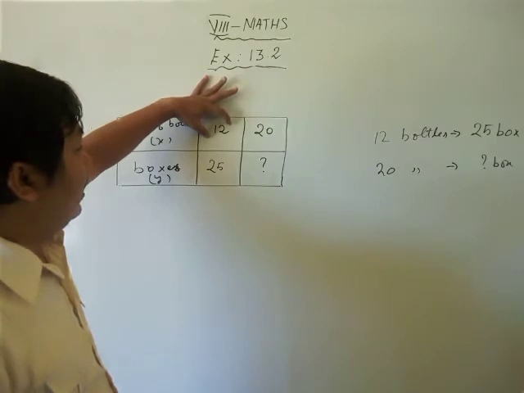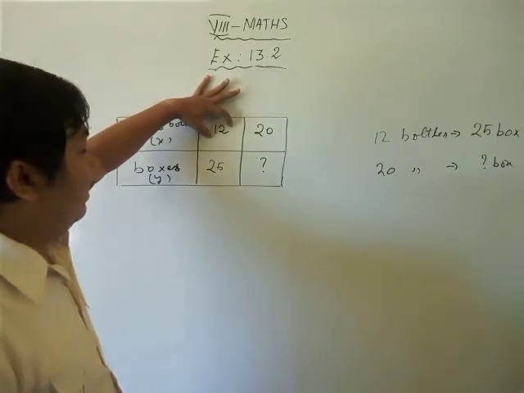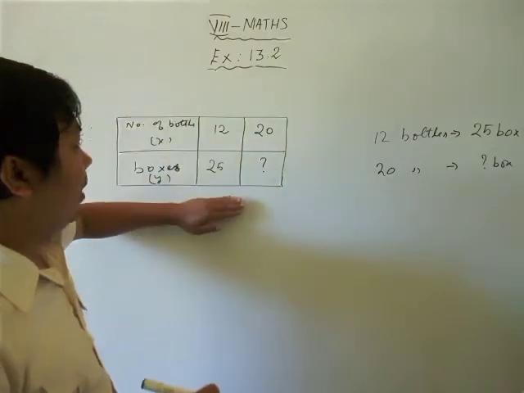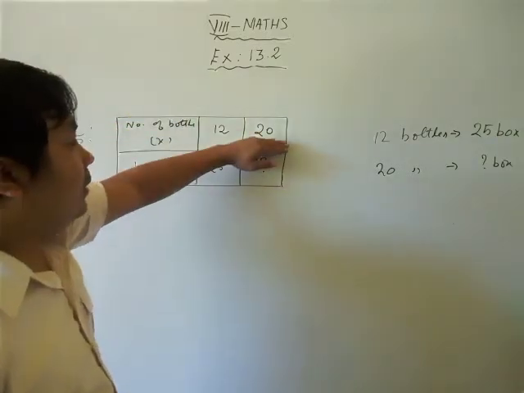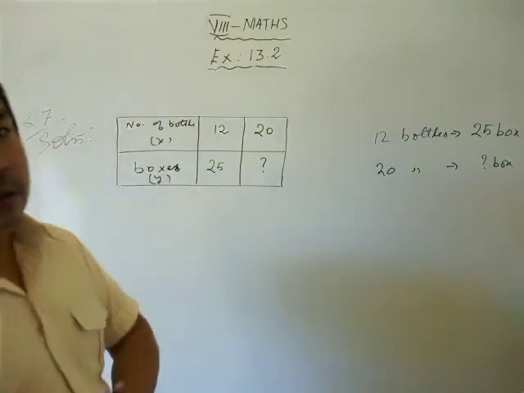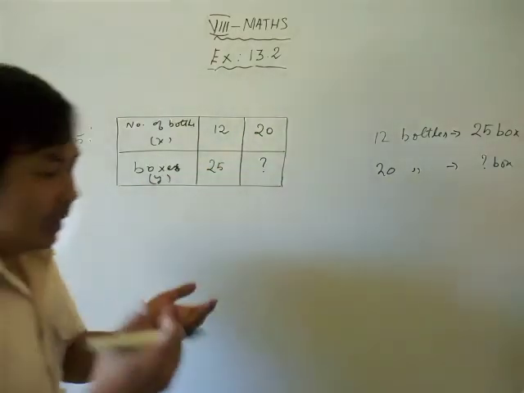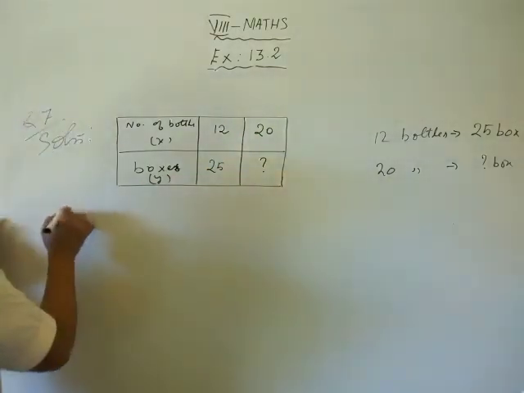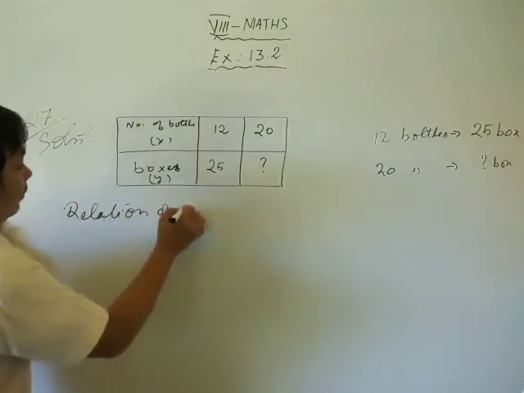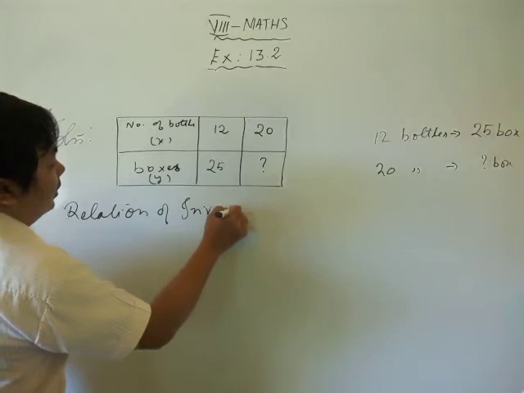If each box is filled with 12 bottles, 25 boxes will come out. If there are 20 bottles in one box, how many boxes will be required? So we have the relation of inverse proportion, isn't it?